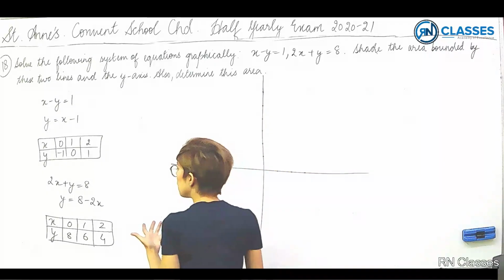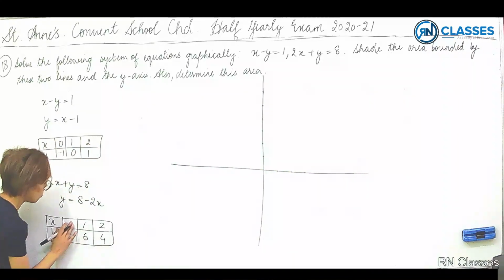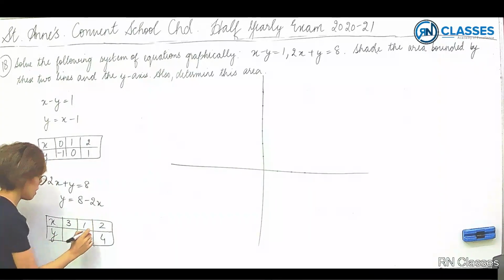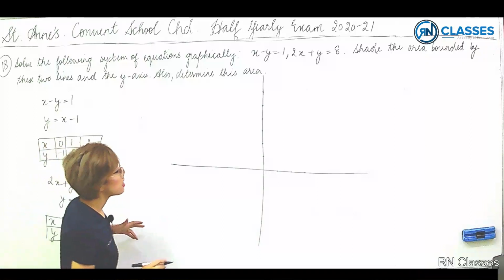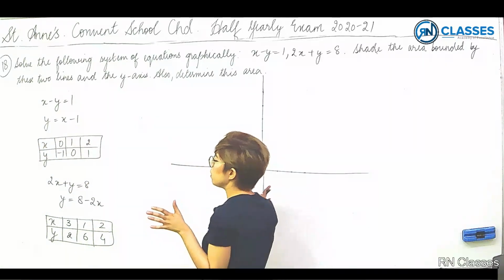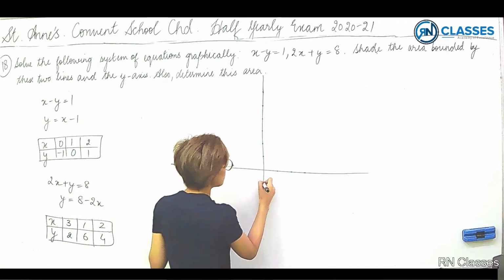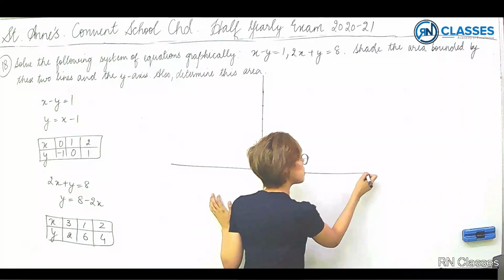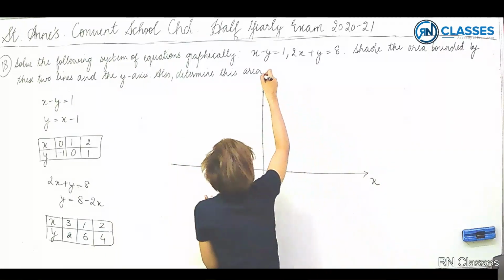Okay, I don't want that 8 one because it is coming here, so I'll take 3 here, right? So 3 if I take, y is 2, right? So then that will be fine. Cool, right? It depends on the system, right? So this is my x-axis, this is my y-axis.